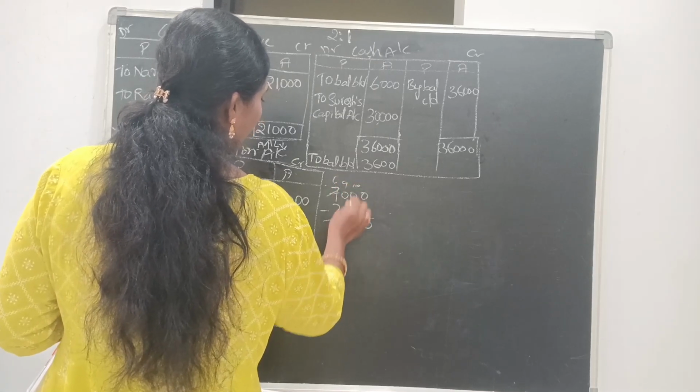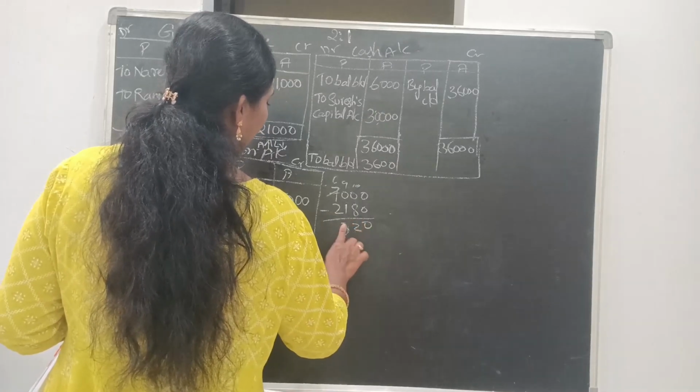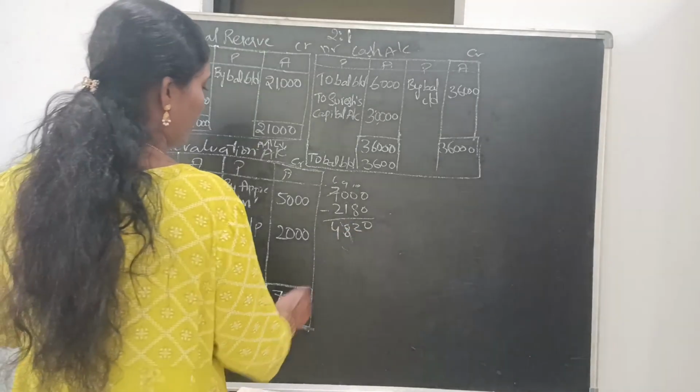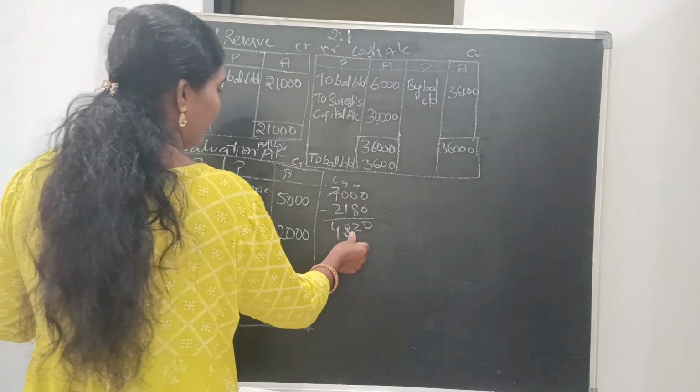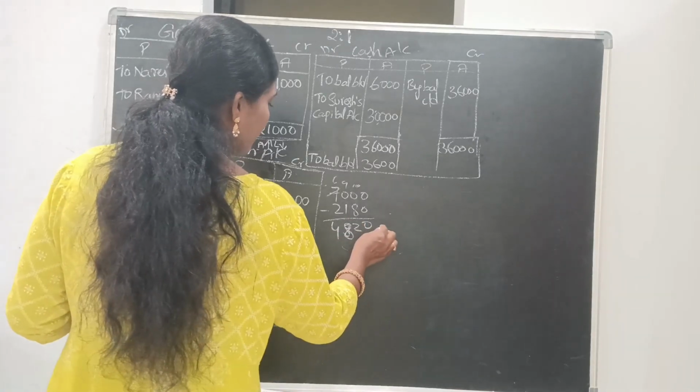Sorry, this is the 8. 4820 is the revaluation profit which we need to distribute among old partners.